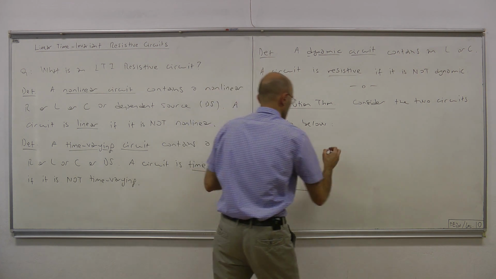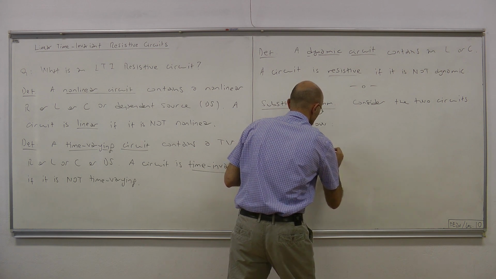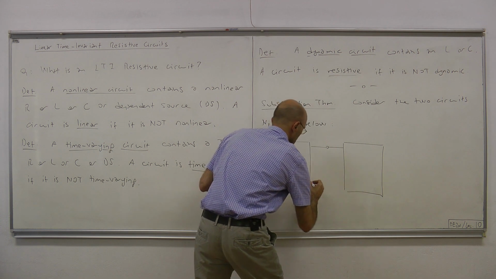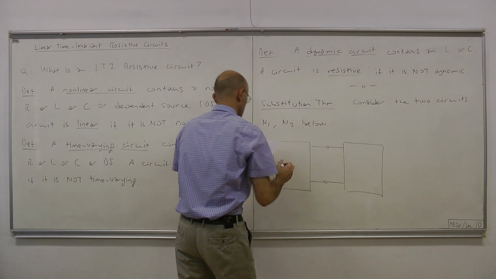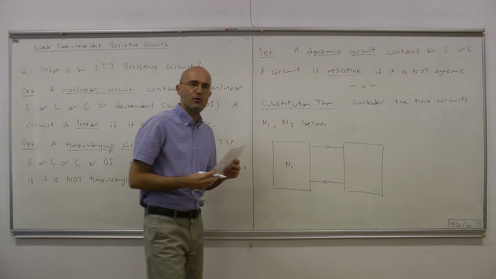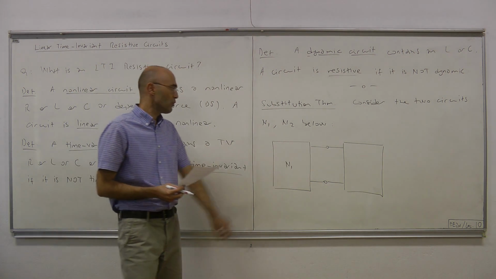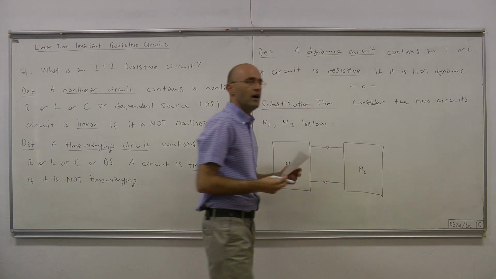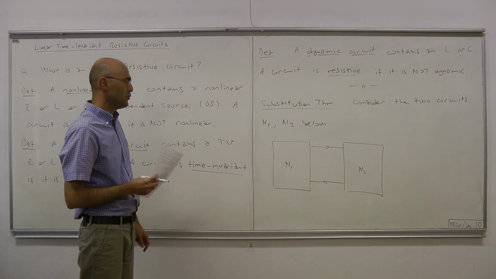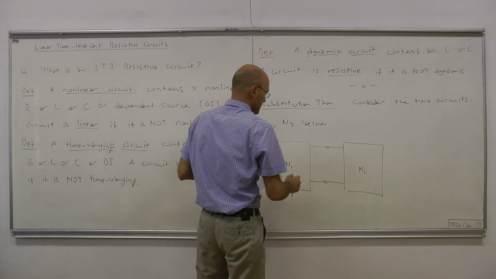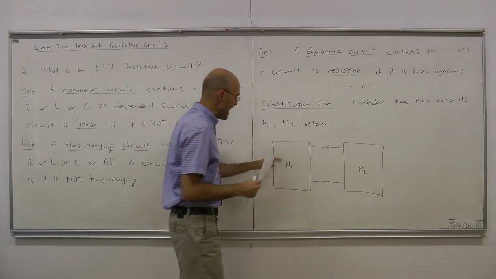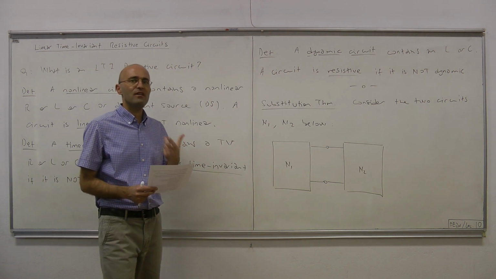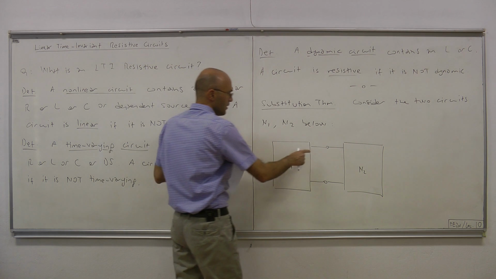Here is a piece of the circuit, and here is another piece of the circuit. This piece we're calling N1, a sub-circuit of this whole circuit, and then we have the other piece, which we're calling N2. N1 and N2 communicate with each other only through these two wires.